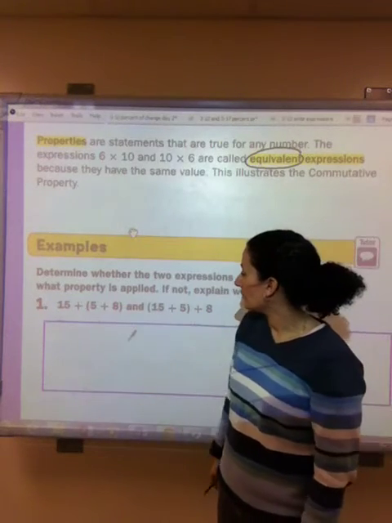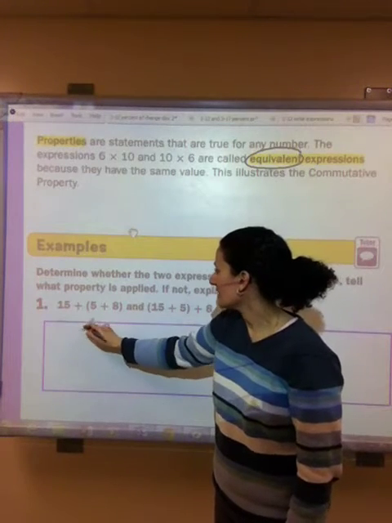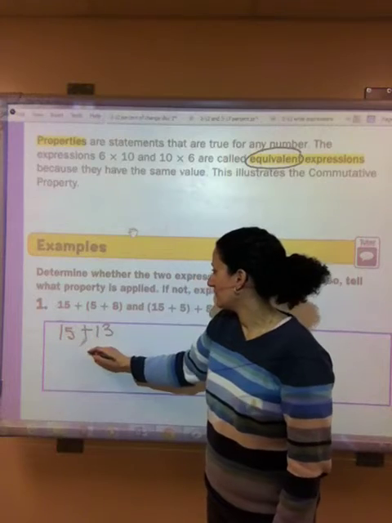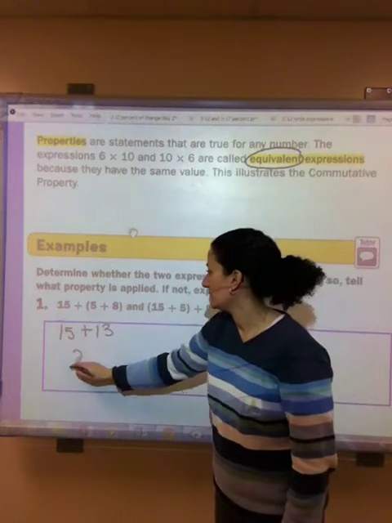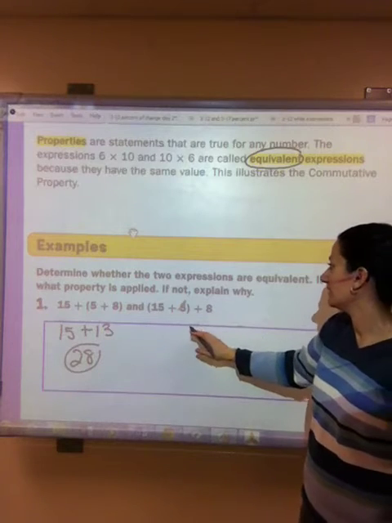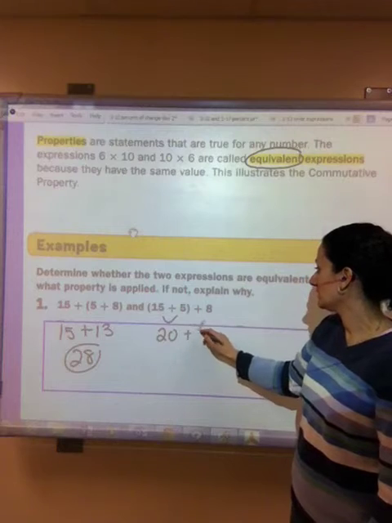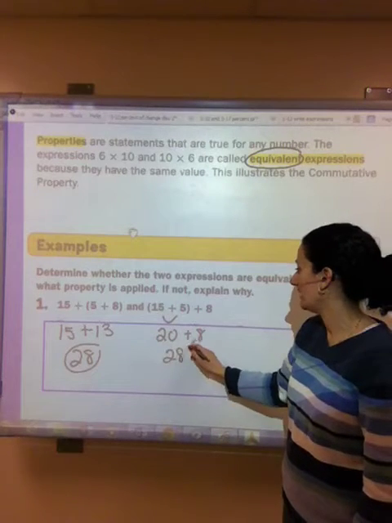So let's follow order of operations here. 5 plus 8 would give me 13. And then I would add 15 to 13, and that would give me 28. Let's make sure this is true. Are they equivalent? 15 plus 5 is 20, and then 20 plus 8 is also 28.